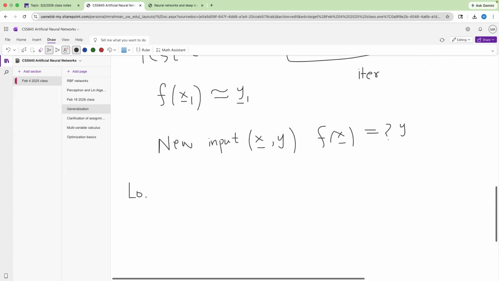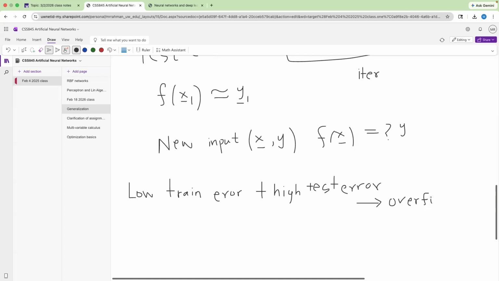So low training error plus high test error means you are overfitting, and that's bad.